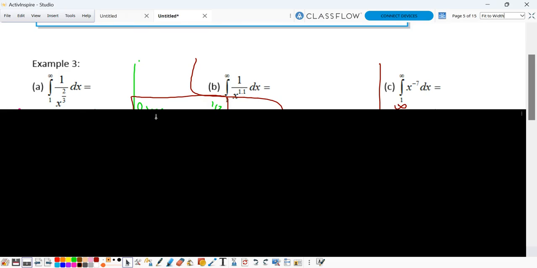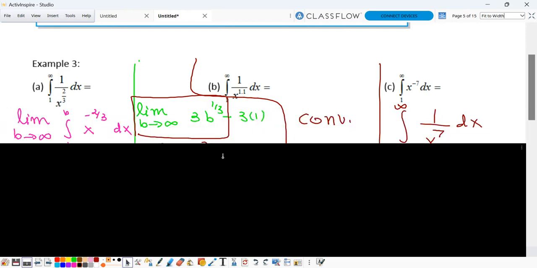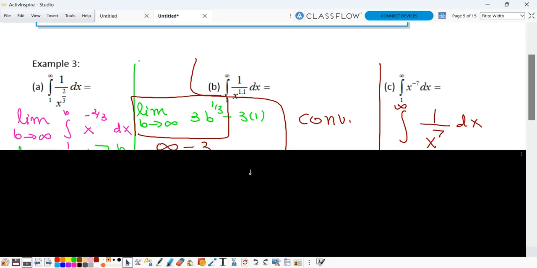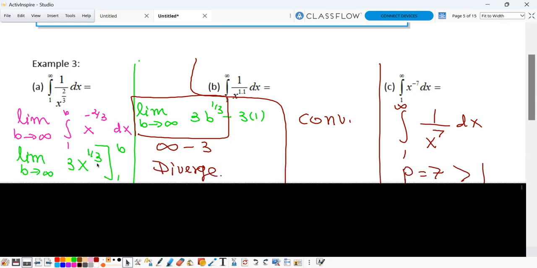First of all, remember you have to make it a proper integral. So use the limit statement, limit as b goes to infinity, integral from 1 to b, x to the negative 2/3. Remember, the log rule comes only if the power is 1. So this is a normal power rule, which means x to the negative 2/3 plus 1 is 1/3, divided by 1/3 is 3x to the 1/3.